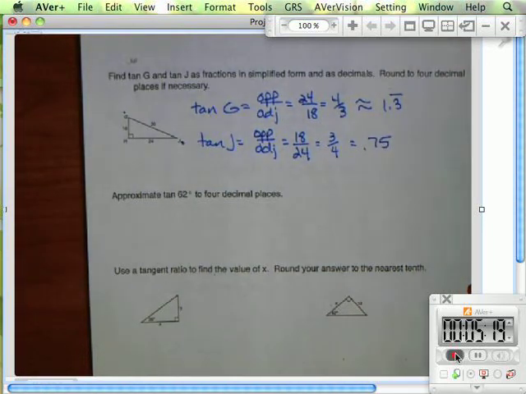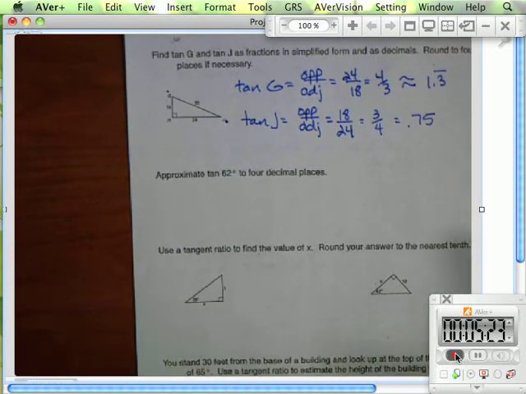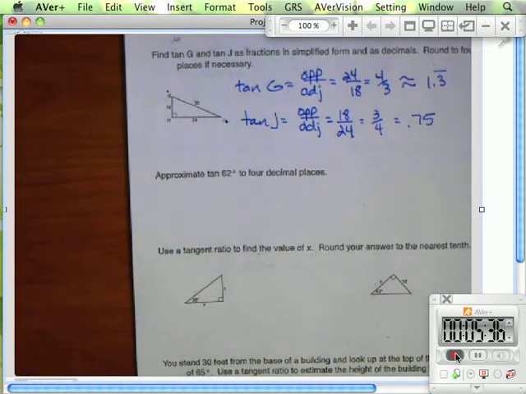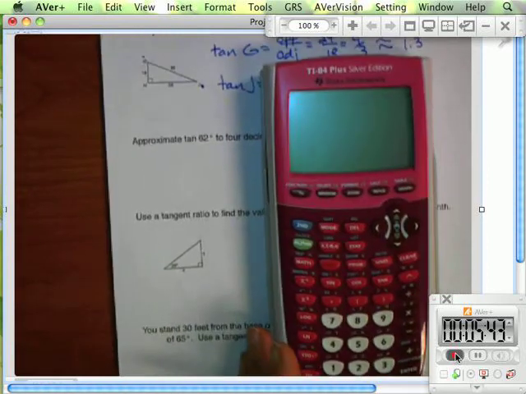Not too bad. Another thing you're going to have to do is learn how, in the calculator, the tangent of any degree number is just a number. Somebody took the time to program all of those numbers in the calculator. So you're going to take your calculator. Everybody find the tangent button on whatever calculator you have.